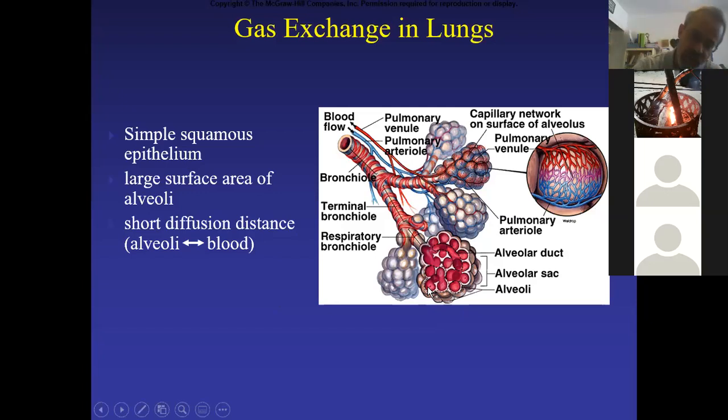All these multiple alveoli increase the surface area. And third, we've got a lot of blood vessels right on these alveoli, which allows for a very short diffusion distance. The oxygen does not have to go very far. The CO2 does not have to go very far. So this is ideal to maximize gas exchange.